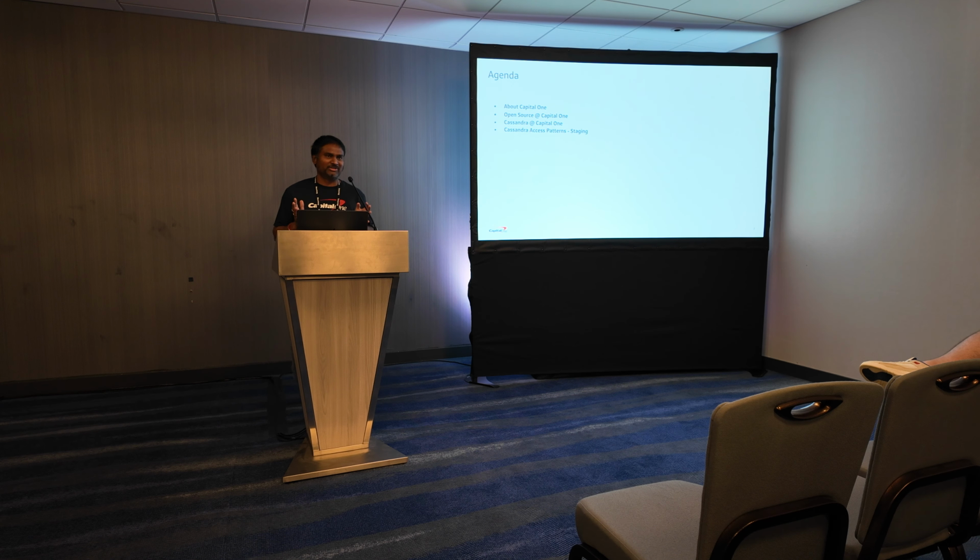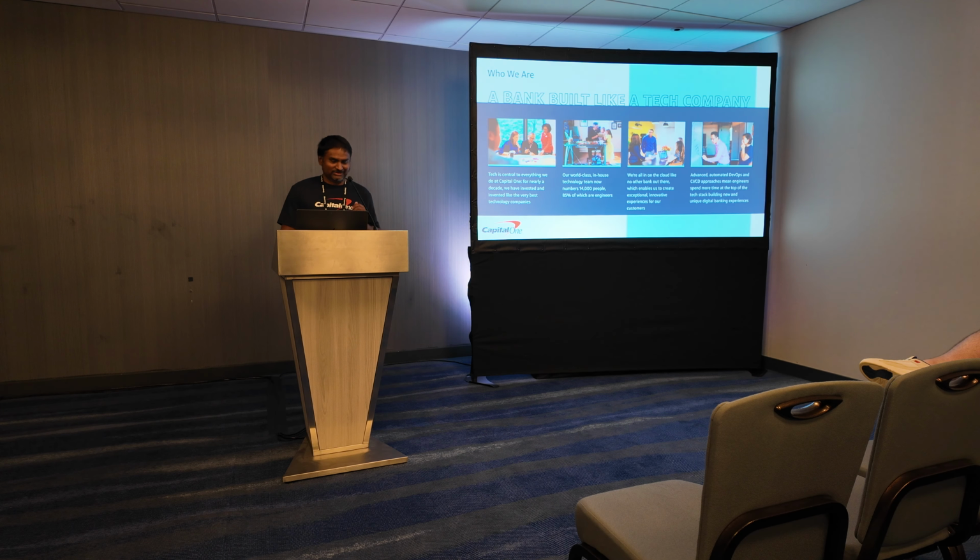The real meat of the presentation is a couple of access patterns we have used in our real-world usage of Cassandra clusters in Capital One Rewards. First one is something I have named staging. And another one is history and current, or live and history. That pattern.